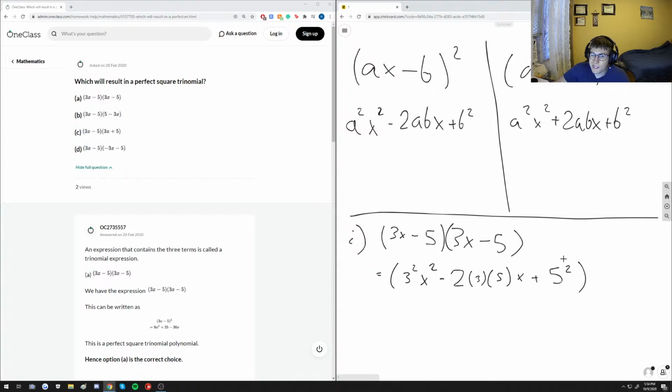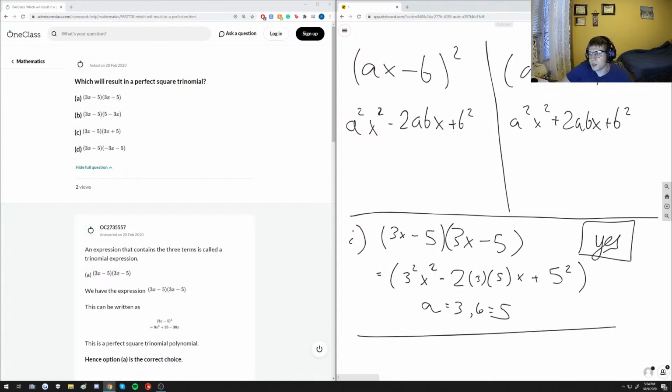There's a reason I didn't evaluate 3 squared and 5 squared: I want to see if this matches the same exact format as these examples of perfect square trinomials. With a equals 3 and b equals 5, this lines up perfectly with the ax minus b quantity squared example. So yes, this answer choice is a perfect square trinomial.